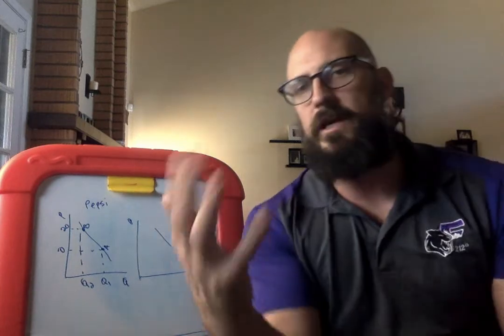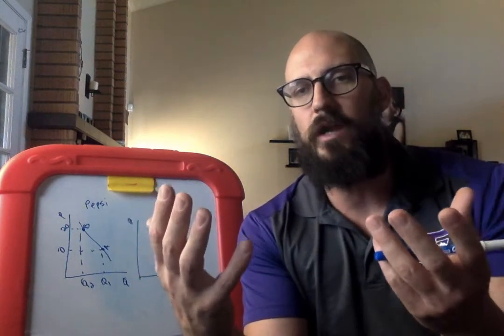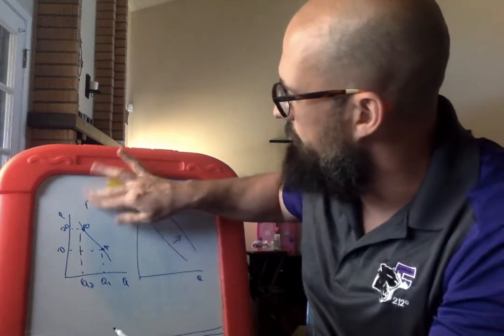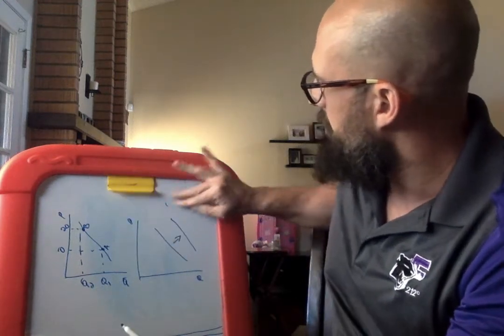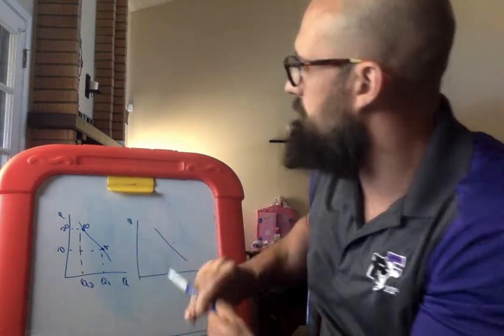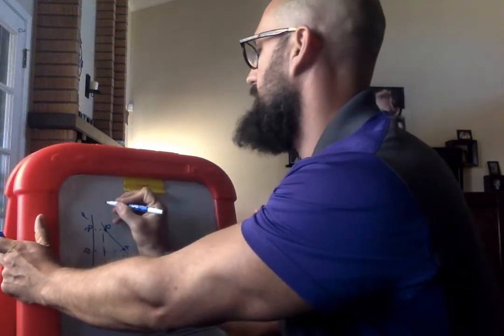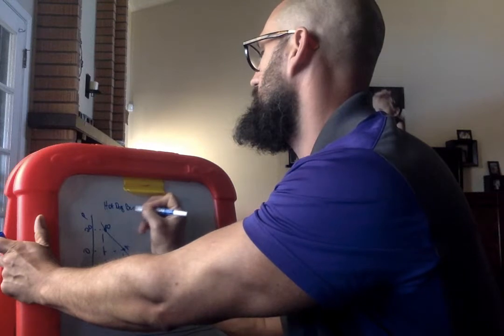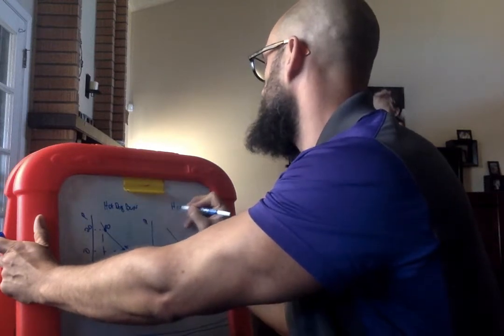And so if the price for one goes up, well, you can see here, just as the price goes up for this, let's just change these. This is going to be hot dog buns. It's going to be hot dogs.